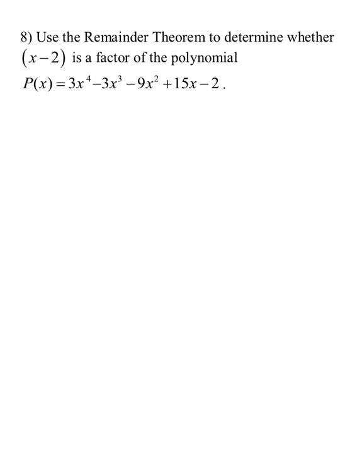All right, the next problem talks about the remainder theorem. For some reason on the last test, some of you got remainder theorem confused with synthetic division. I'm not sure how that happened. The remainder theorem simply states that you set x minus 2, the divisor, equal to 0, and solve for x.